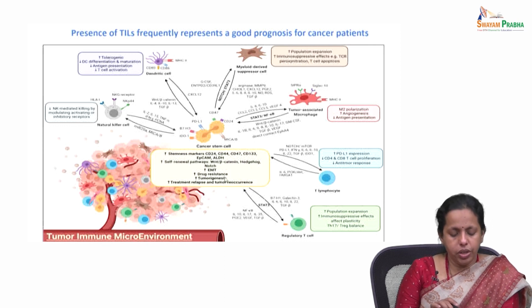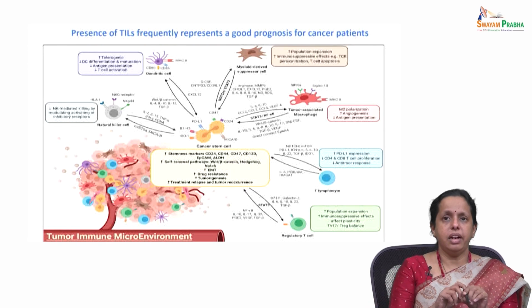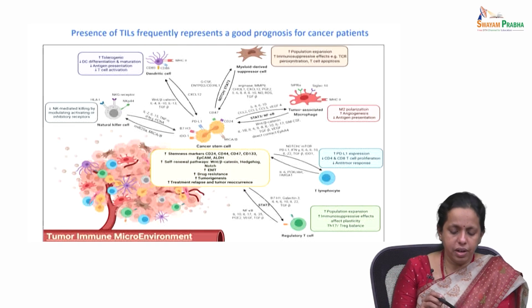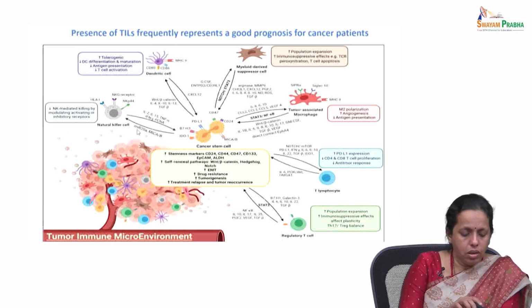All this leads to increased drug resistance, and then tumor relapse and recurrence occurs. Even your non-cytotoxic CD8 T cells also interact and lead to cancer stem cells.